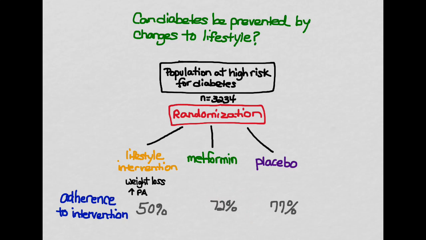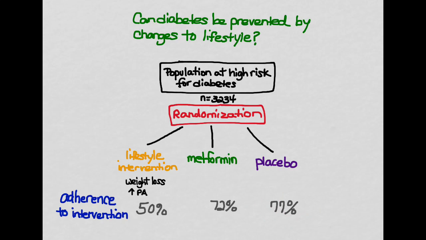Similarly, metformin, 72% of the people, so 28%, did not take the pill as they were instructed. Okay, and that adherence was higher for the placebo, but there were still 23% that didn't adhere.